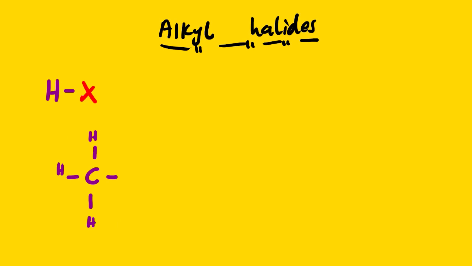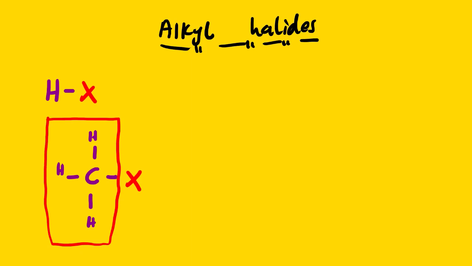Once we add a halogen here, it becomes an alkyl halide. When you talk about an alkyl, we are talking about this type of substituent. It belongs to the alkyls. We have the ethyl, which also belongs to the alkyls, and then this is a halide. That is why we have the word alkyl halides.